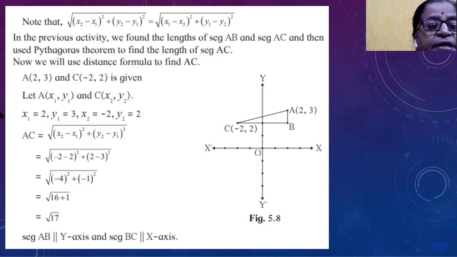Here we are using the distance formula for AC, that is the square root of x2 minus x1 bracket square plus y2 minus y1 bracket square.